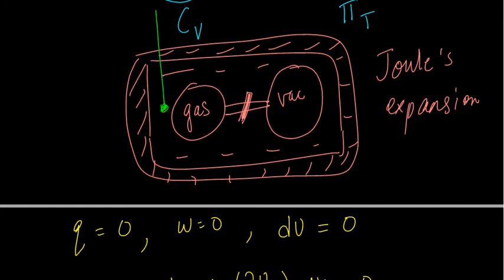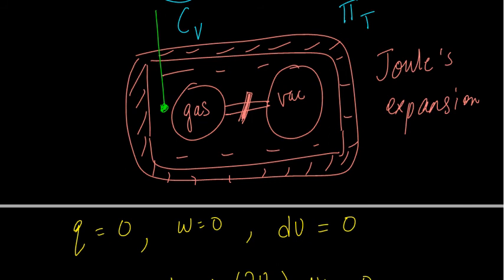Can this material accommodate heat into it or not? If the specific heat is high, then yes, it can accommodate heat without increasing the temperature. If the specific heat is low, then the temperature increases as heat is supplied to this system. Water has a high specific heat, right?